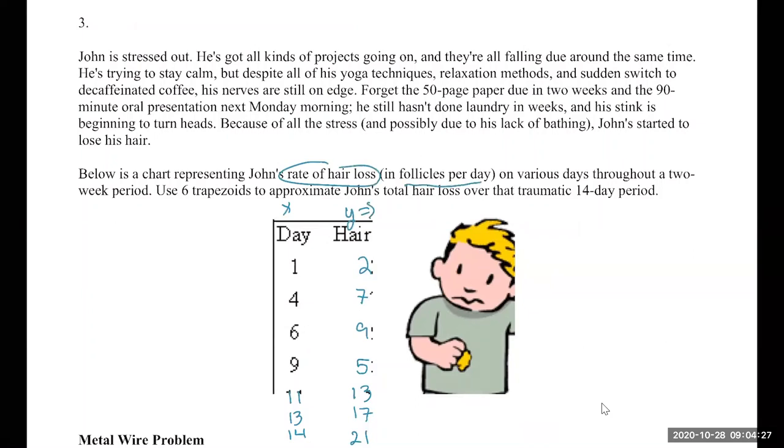So y is hair loss in follicles per day. Using that idea that it's a rate of change and the accumulation idea, if I were to integrate from 1 to 14, I would accumulate whatever the unit of measure is here, the number of follicles that were lost during that 14-day period.